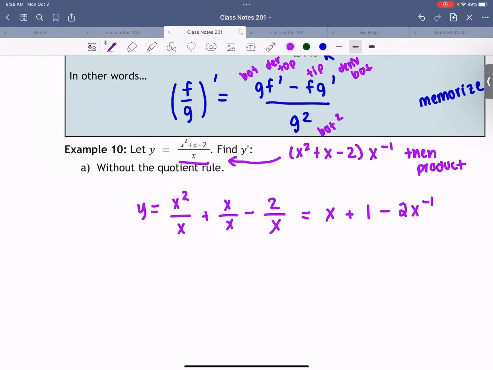Now we have written our y function in a much easier way to take the derivative. Let's find y prime. Well, we can just take the derivative of the individual pieces. What's the derivative of x? 1, good. What's the derivative of 1? 0. And what's the derivative of negative 2x to the negative 1?